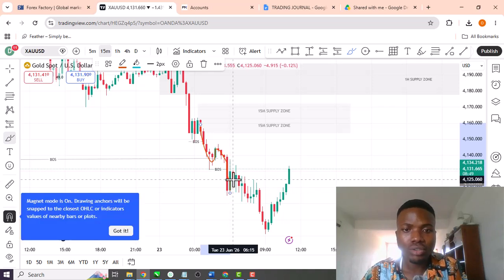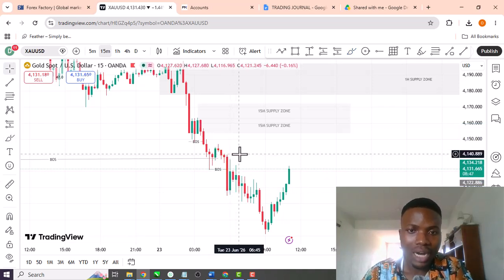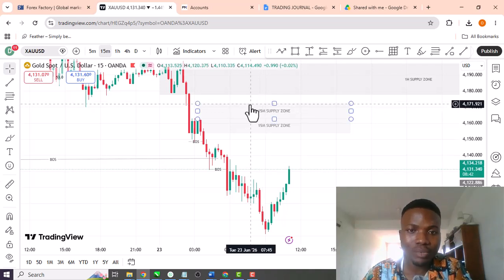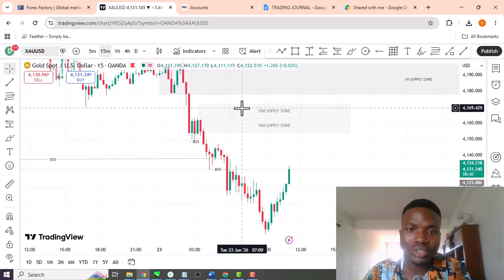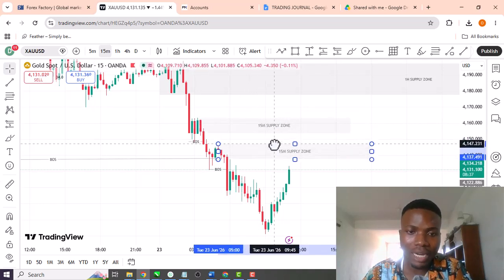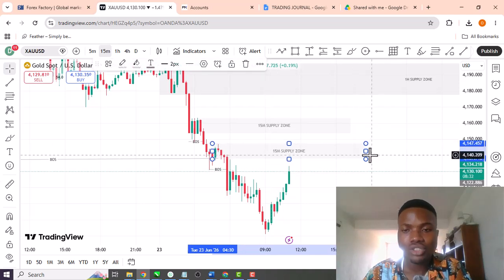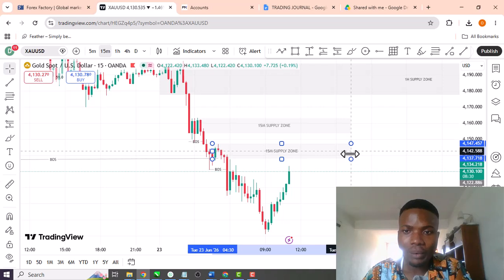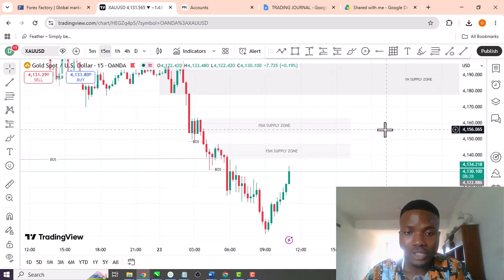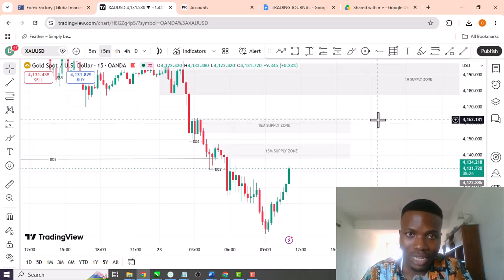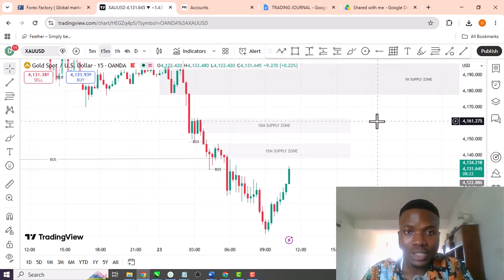All right, so that is how I can explain supply zone to you. All right, and it's just as simple as that. You don't need to worry yourself with any big grammars. So now the thing is, I'm going to mark up this green candle as well as my supply zone. Some traders usually call it point of interest, but let's just use supply zone in a simple term like that.